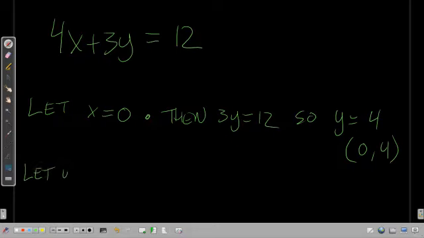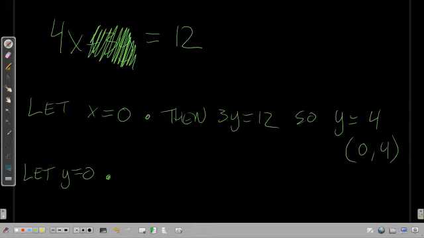On the other hand, we can say let y be 0. If I'm talking about where y is 0, then that's where it crosses the x-axis. And if y is 0, then this term is gone, because 3 times 0 is 0.